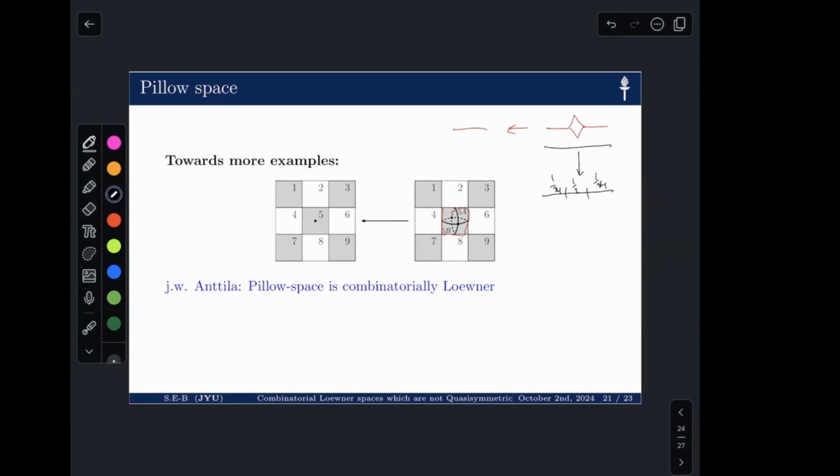You compute the energies of them, and you'll get some non-trivial lower bound. Yeah, Riku has done some of these calculations. I think you can maybe correct me. It was pretty close to 2, right? The pillow space. But it's bigger than 2, right? Around 2.08 or something like that. Yeah, so it seems to be close to 2.